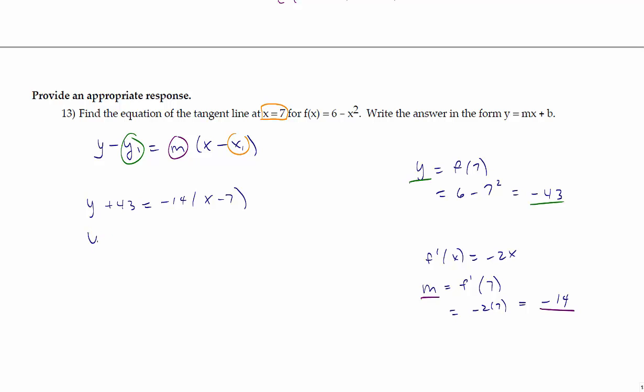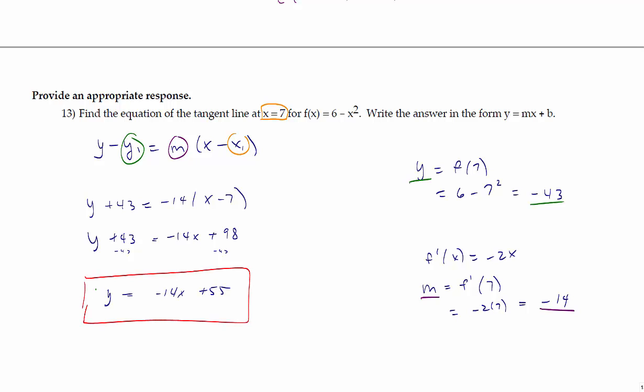So I have y plus 43 is equal to negative 14x plus 98. And then subtracting 43 from both sides, we will get y equals negative 14x plus 55. And this is the equation of the tangent line at x equals 7.